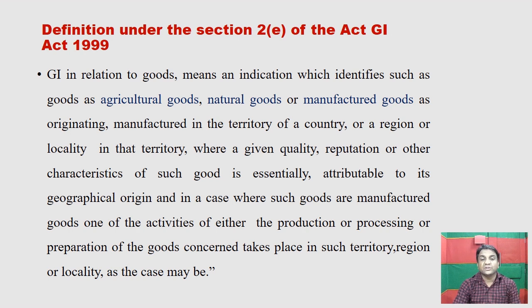Natural goods: naturally, the goods have some features which are due to the locality or geographical region, having some significance to the products. Manufactured or produced goods originate and are manufactured in a particular region or a particular country. This is the definition of a GI, that is, geographical indication.